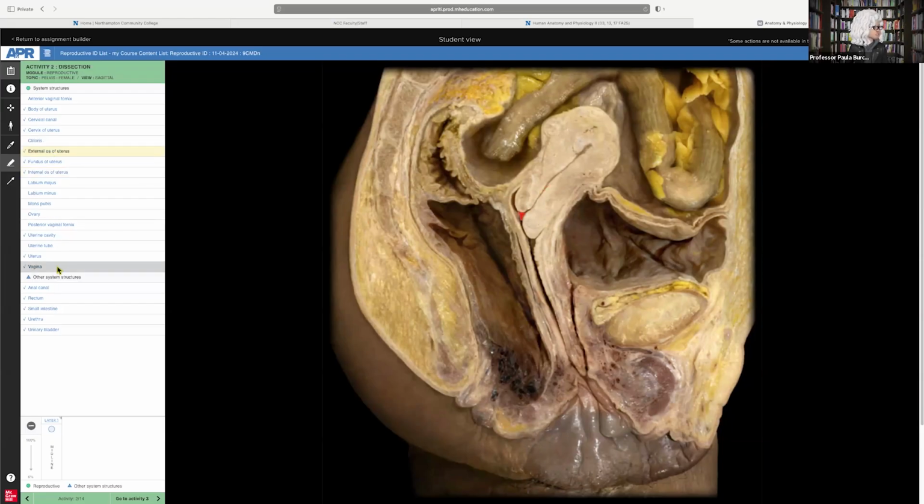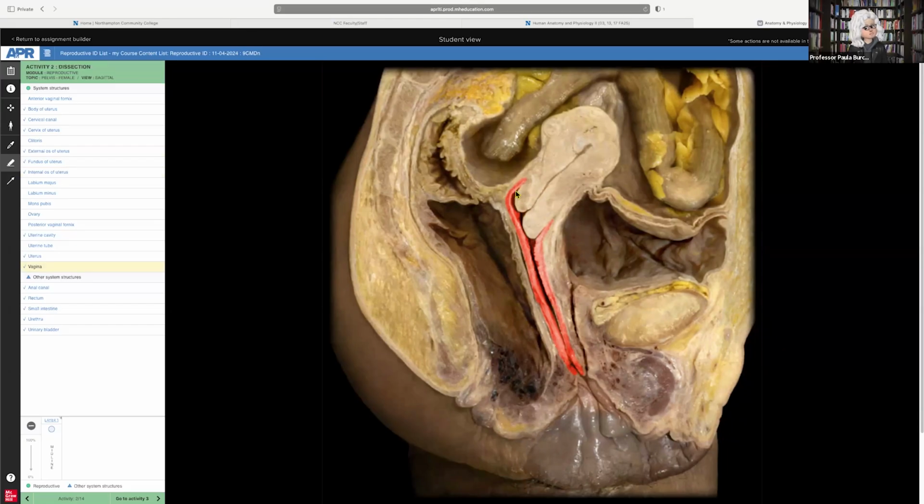If we go back to the vagina, you'll notice that the vagina has these little recesses here that go around the cervix. So right in here's your cervix. If you're looking at it, it looks like a donut with an opening. That would be your external os.